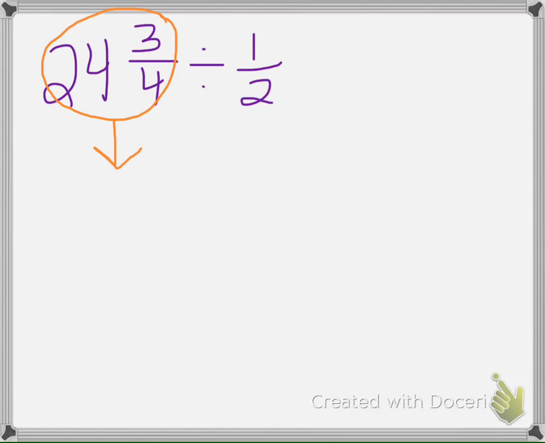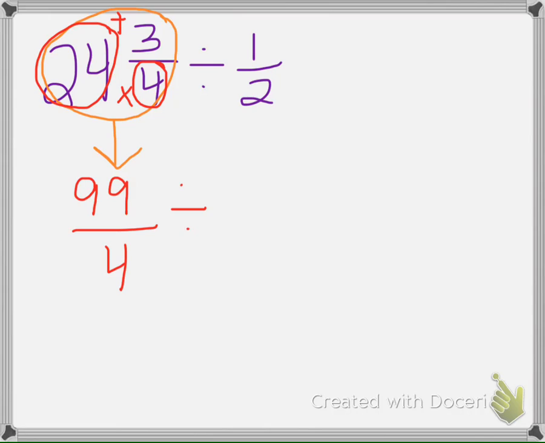You remember a couple of steps: multiply the denominator, which is 4, times the whole number, which comes out to be 96. Then you take the product and add the numerator, which is 3. So 96 plus 3 is 99. We put 99 over the denominator, which is 4.